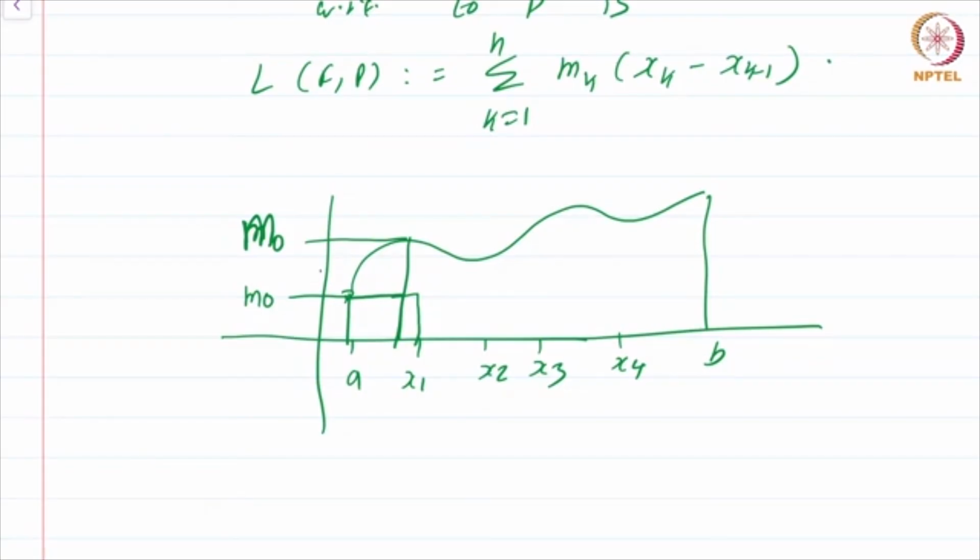For the second, you use the maximum point, that is capital M0, so you draw this second rectangle. Similarly you do for all the other subintervals also. For instance, in this subinterval, this is sort of the minimum, and the maximum is sort of this. I hope the picture is not too confusing.